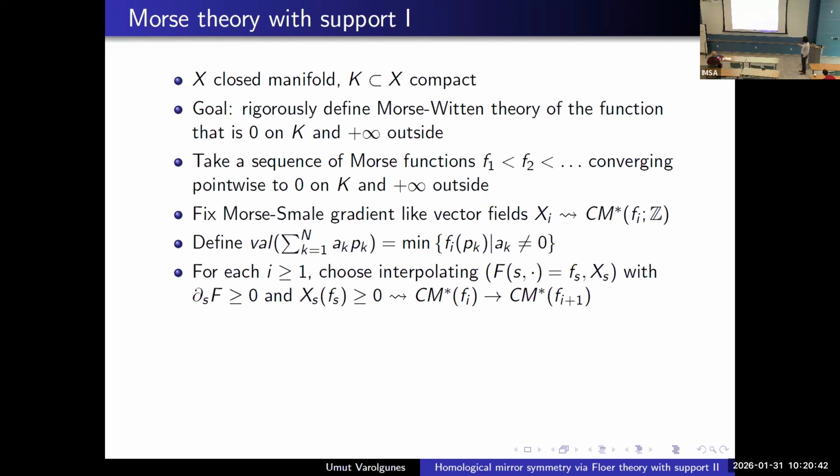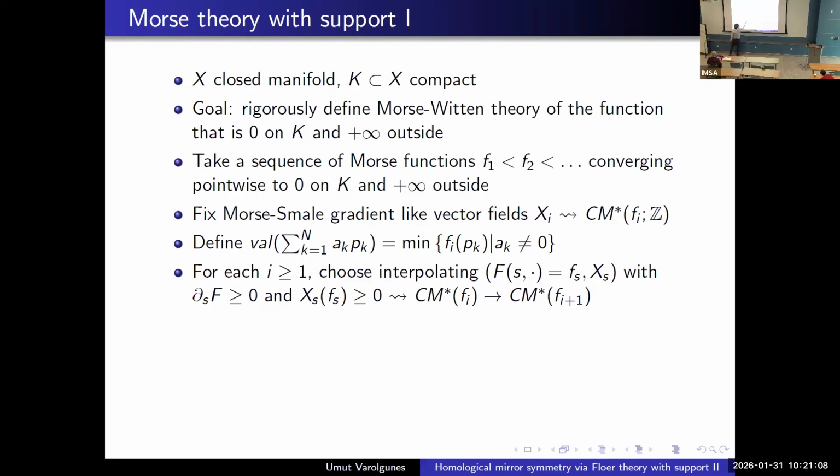And then I also choose interpolating data. So I interpolate between Fi and Fi plus 1, and also the gradient-like vector fields, in such a way that the functions are always increasing in this S interpolation direction.